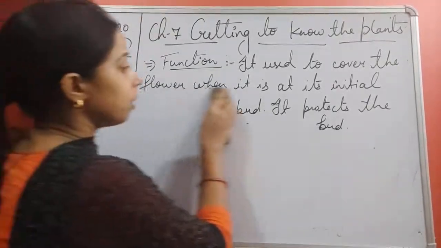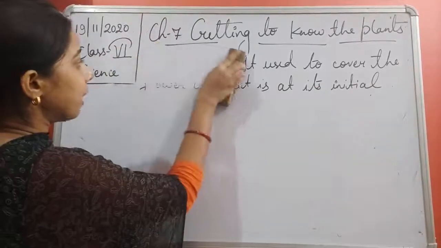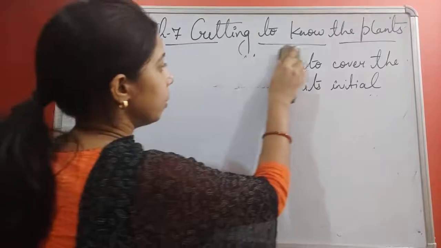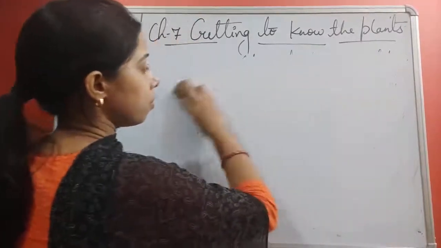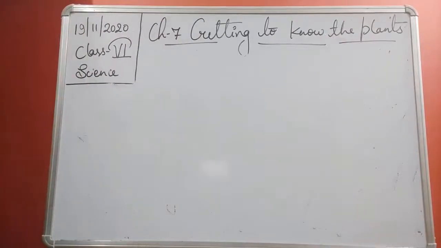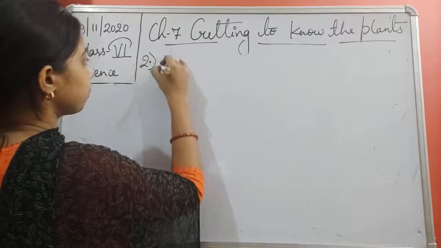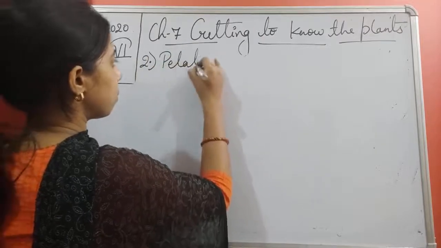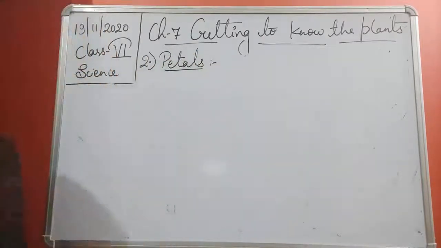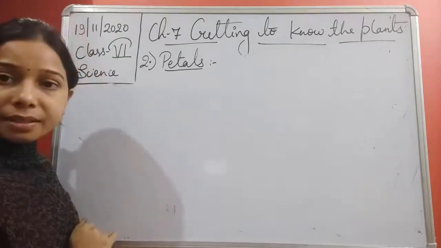Now we will move to the next part of the flower. The next part of the flower is the petal. Now, inside the sepals, students, petals are present.